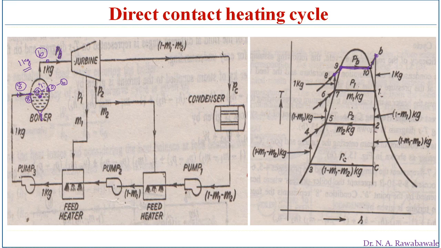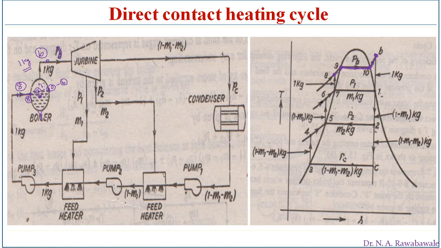Again it absorbs heat and becomes superheated steam, at very high pressure and temperature. This superheated steam at point B comes out of the boiler at pressure PB, and then enters the turbine.